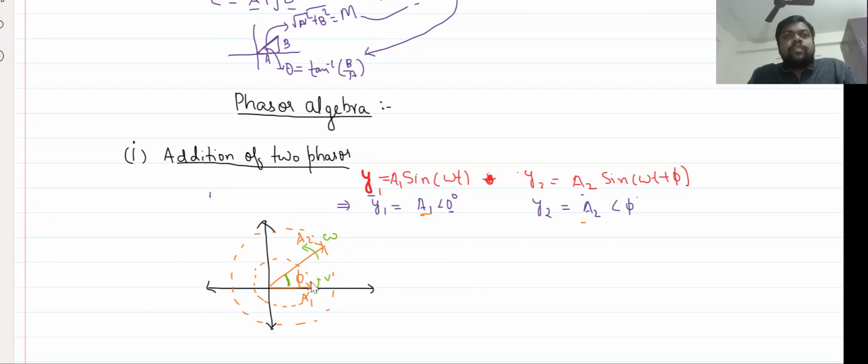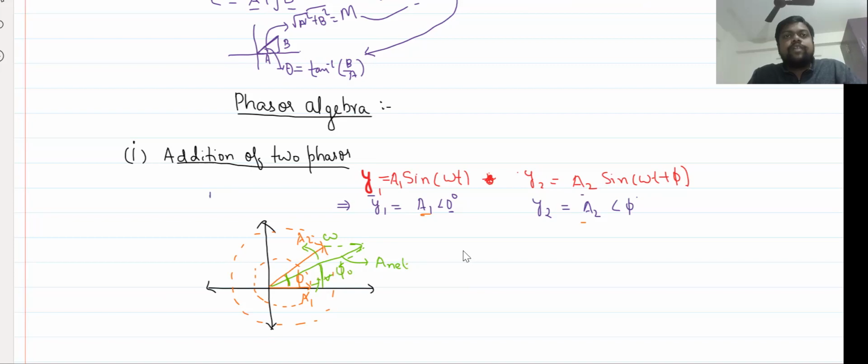So when you find the answer, it is just a vector addition. You can draw a parallelogram here, and the resultant of these two vectors is given by this; you can write it as A net, with initial phase phi naught.